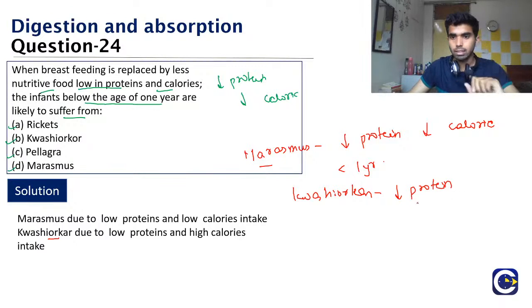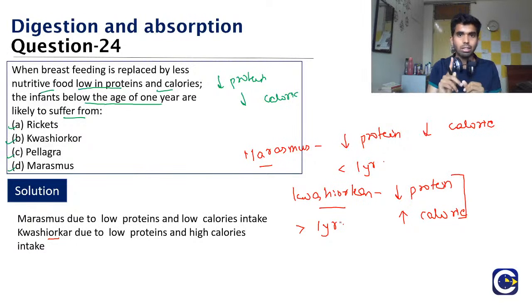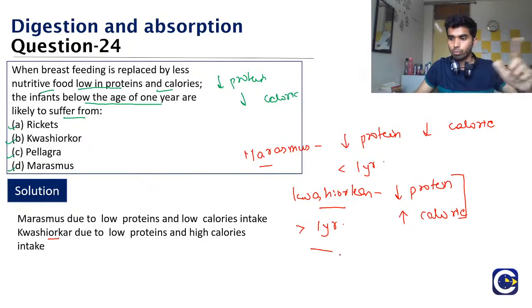But the mother tries to feed the baby as much as possible, so it is high in calorie, and this leads to an increase in the stomach size of the baby, because the calorie is high and the protein is less. This condition is known as kwashiorkor, and it occurs at greater than 1 year, because at least 9 months is required for the next pregnancy, isn't it?